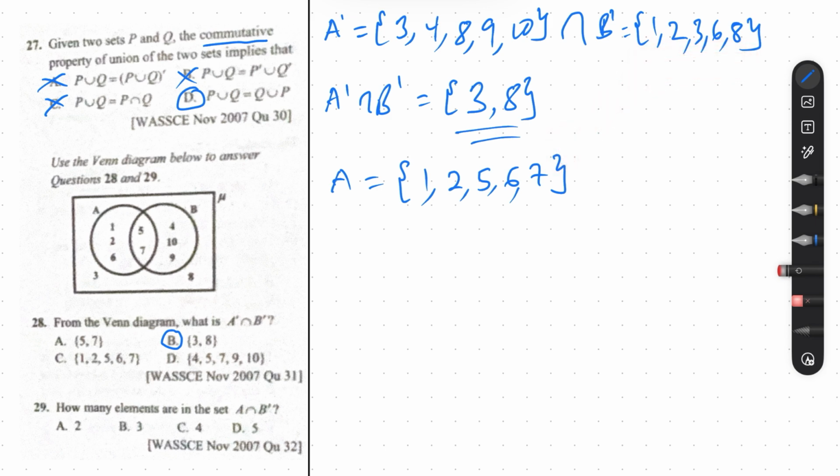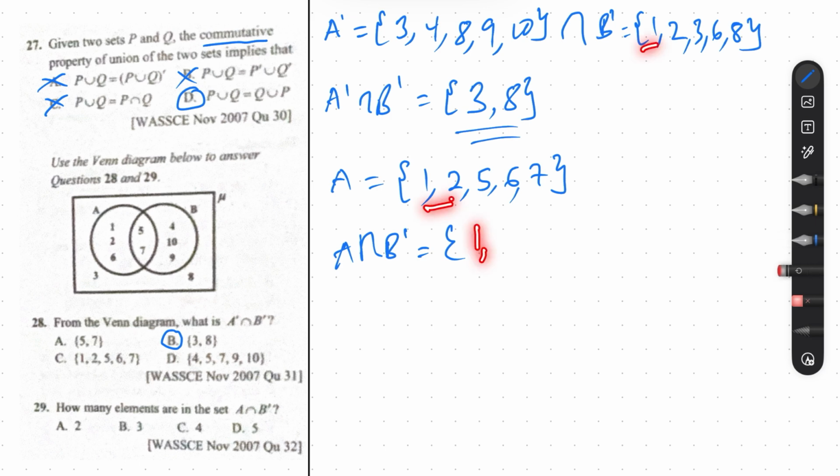Do we have 1 here? Yes, we have 1 here. We have 2 here and 2 here. Do we have 5 here? 5 is not here. Do we have 6 here? Yes, we have 6 here. Do we have 7 here? 7 is not here. So let's write the answer down. A intersection B complement: we have 1 here and 1 here, so 1 goes.